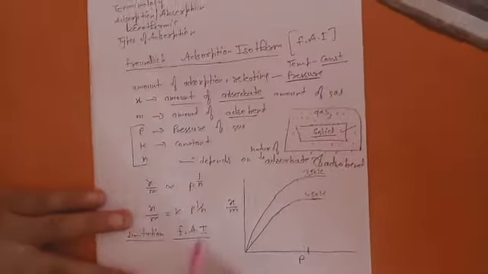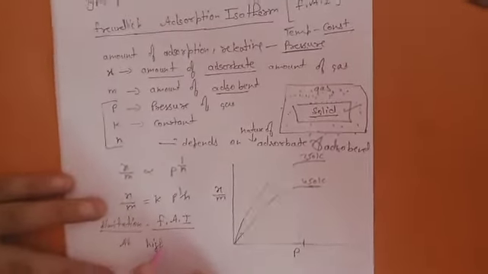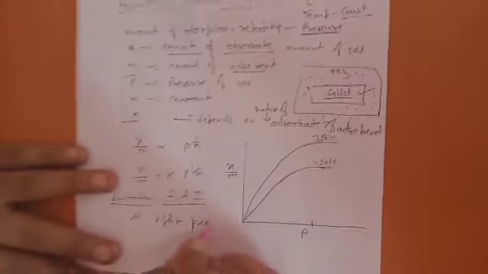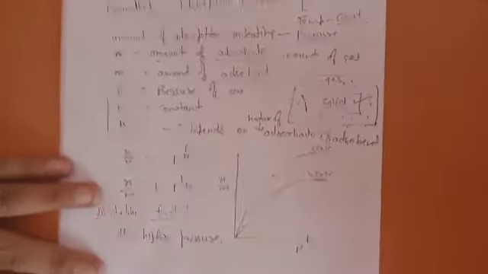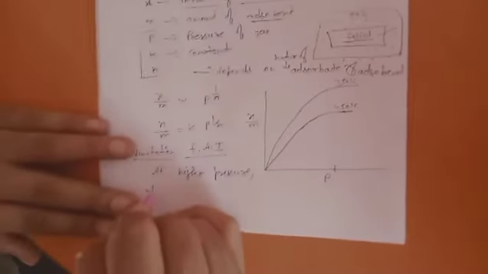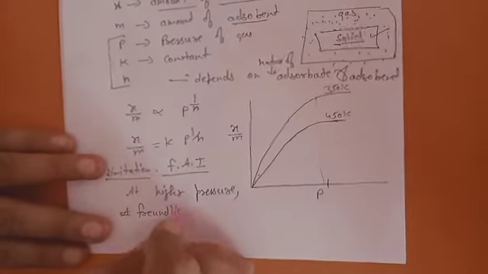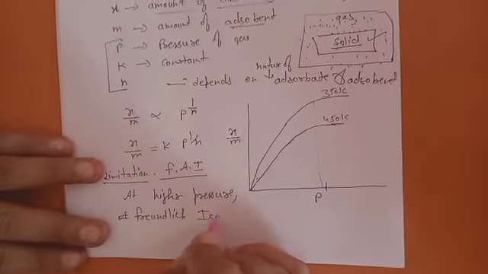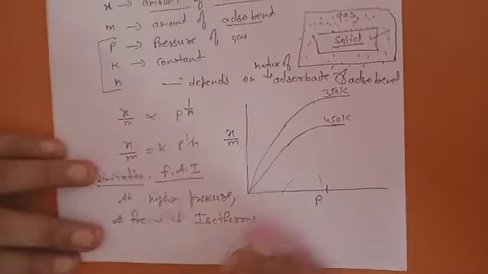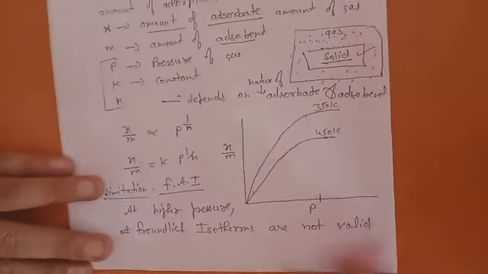The limitation of the Freundlich isotherm is that at higher pressure, Freundlich isotherms are not valid, or you can say the whole Freundlich quantitative relationship is not valid at higher pressure.